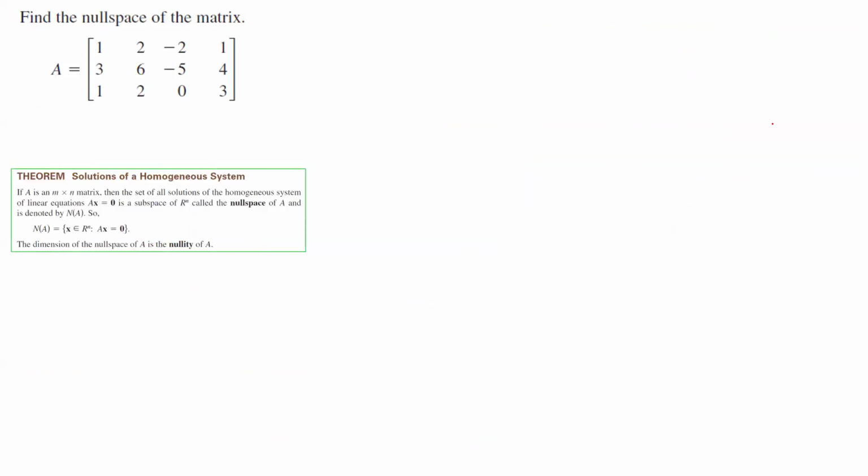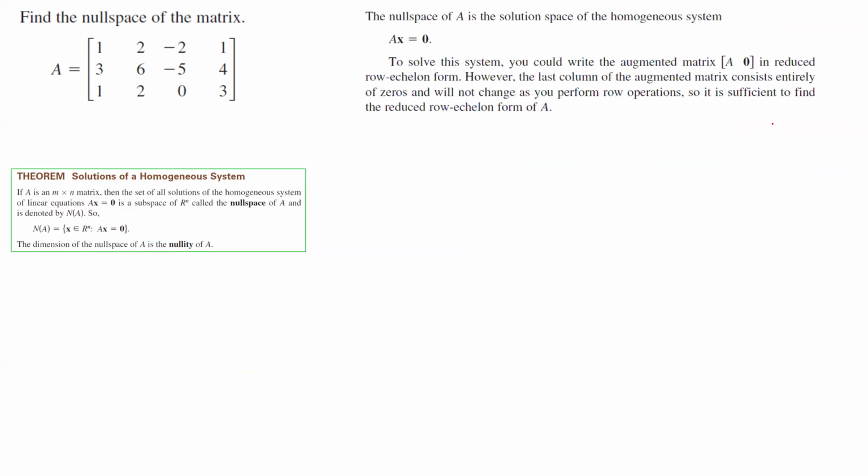Another example for you. You have this matrix now. We want to find the null space of the matrix. The null space of A is the solution space of the homogeneous system AX equal to 0. To solve this system, you can write the augmented matrix as we did in the previous example.